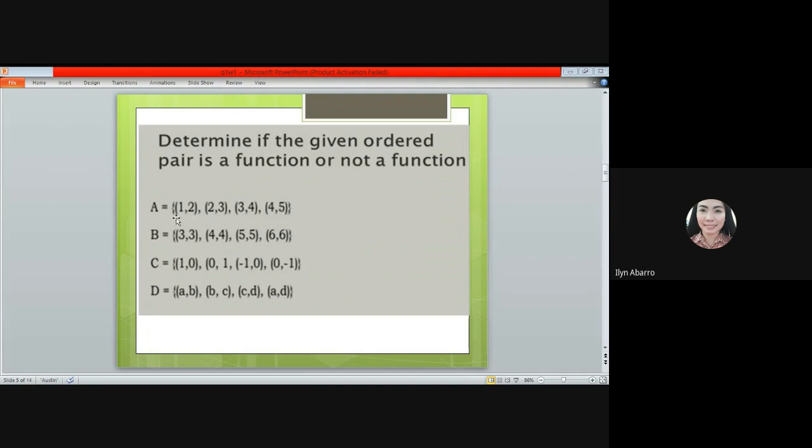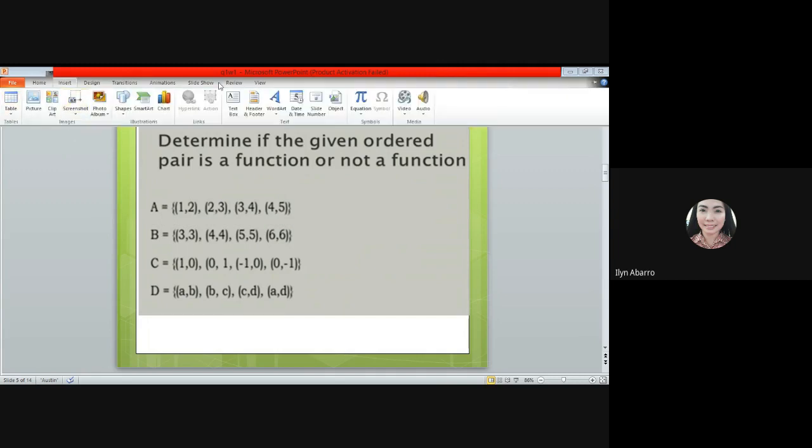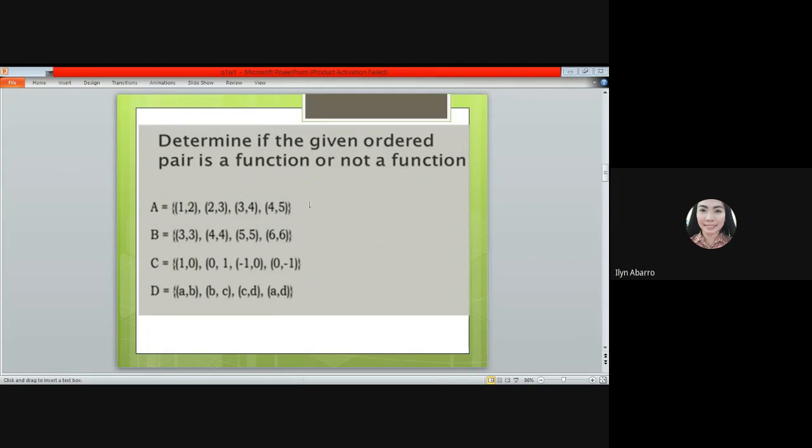There should be no repetition of the x values. In set A, the x values or the domain are 1, 2, 3, and 4. Was there any repetition? None, right? There is no repetition. So this is a function. Letter A is a function. Let's put our answer: A is a function.